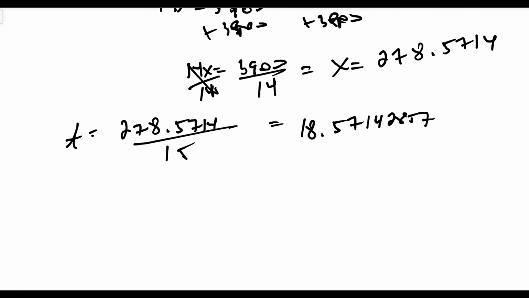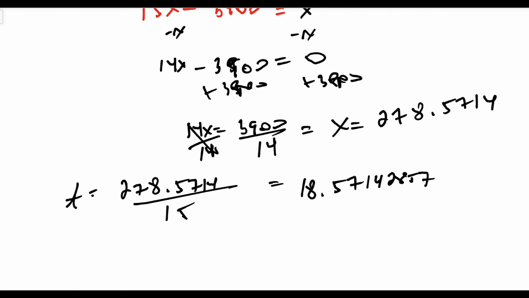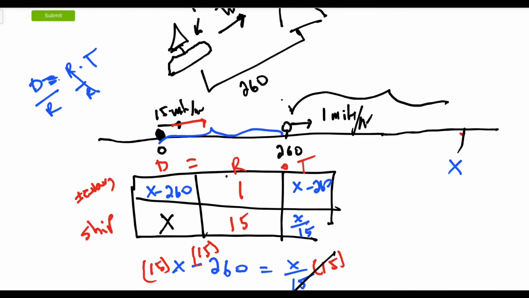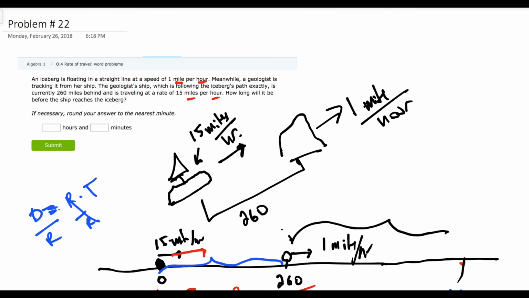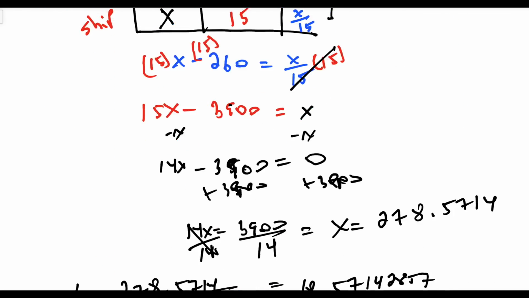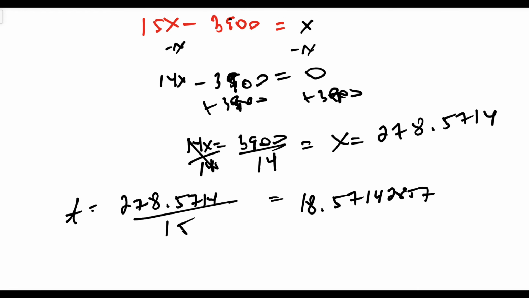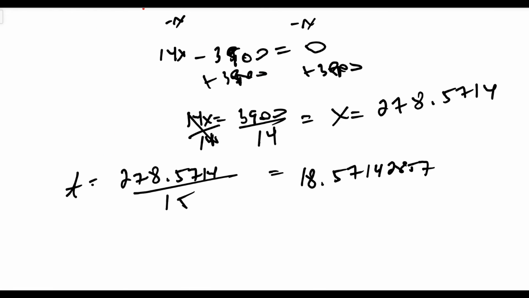All right, and time has been the same unit of time this entire thing. So, all right, so that's going to be, let me think. Oh yeah, okay, fine. So that's 18 hours.